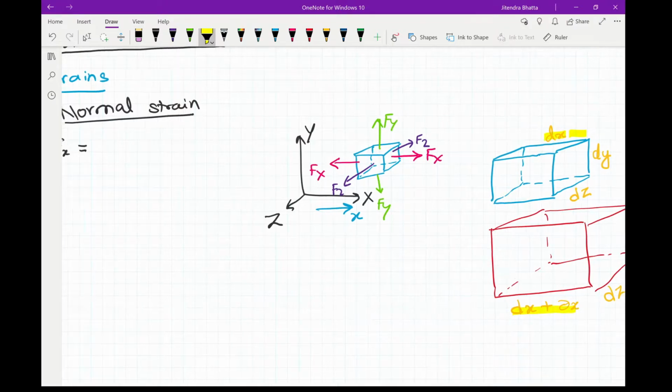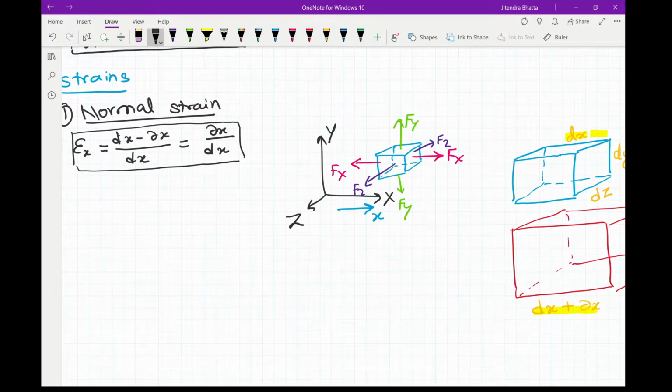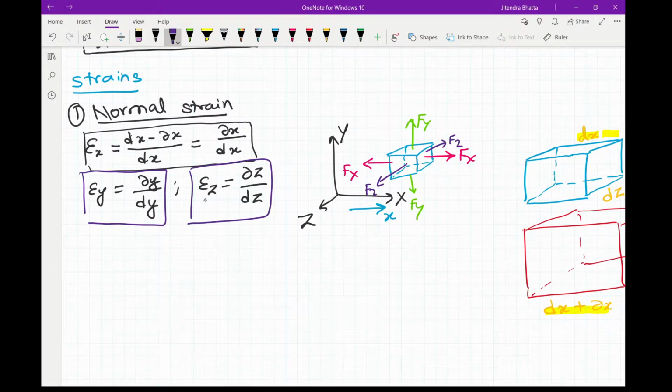So what you get here will be dx plus small del x minus dx, divided by dx, which will be equal to del x by dx. So this is our normal strain in the x direction. Similarly for the others, where this is the change in length and this is the original length.